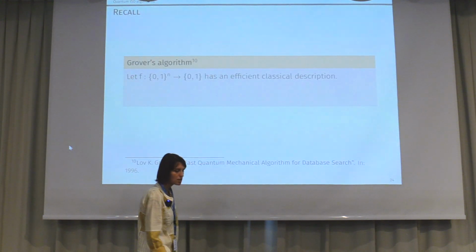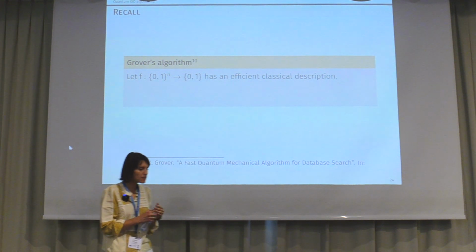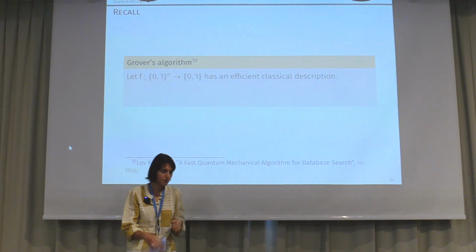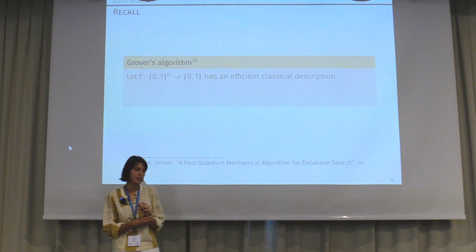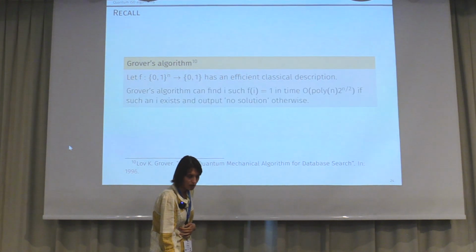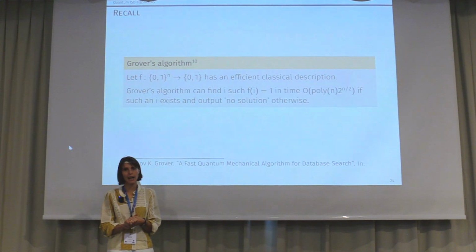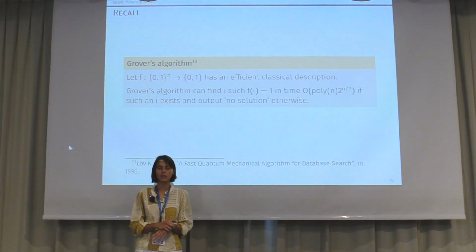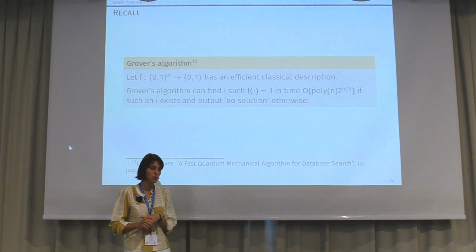Okay, so let's start by recalling what Grover search was. If we have a function that has an efficient classical description, a Boolean function that takes as an input an n-bit string and outputs either 0 or 1, what the Grover algorithm can provide you is that you can find an i such that f of i is equal to 1, so the input that leads to the output 1, in time polynomial in the input size multiplied by 2 to the n over 2.